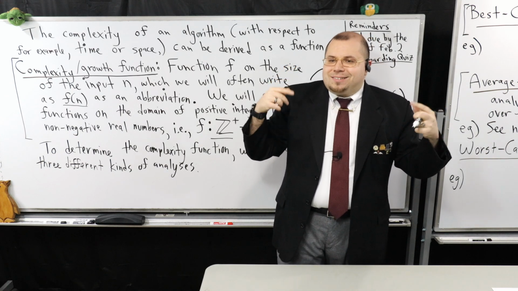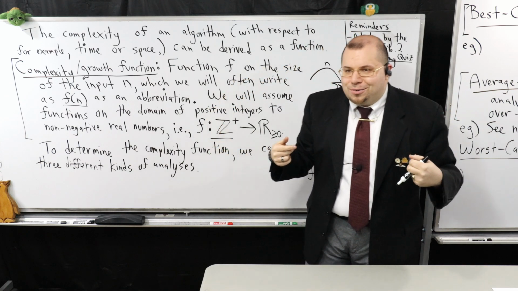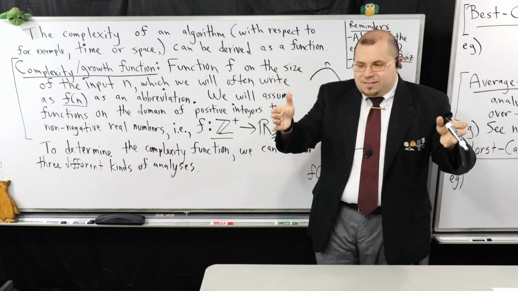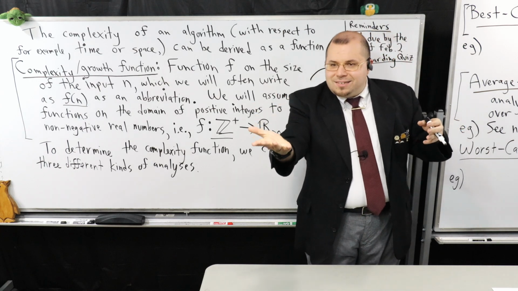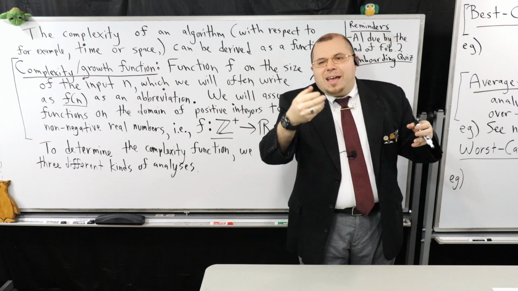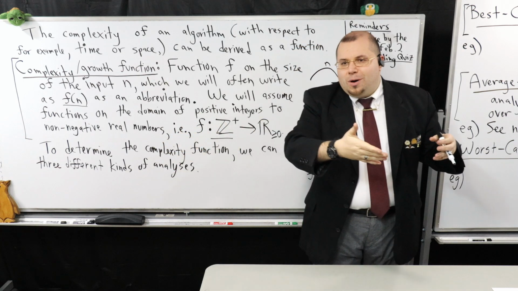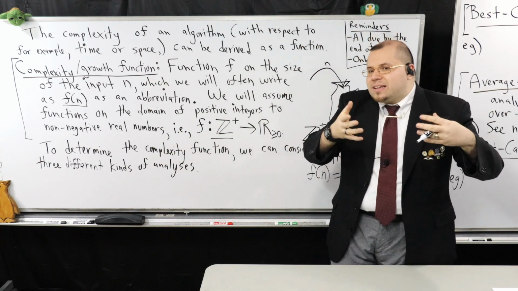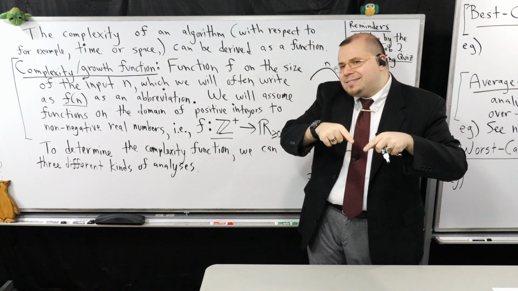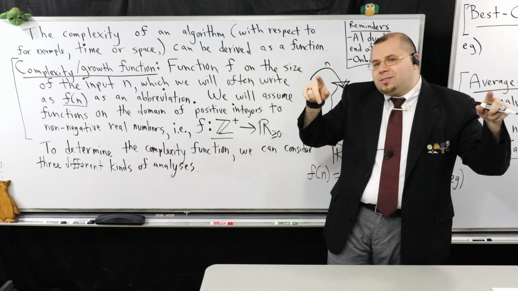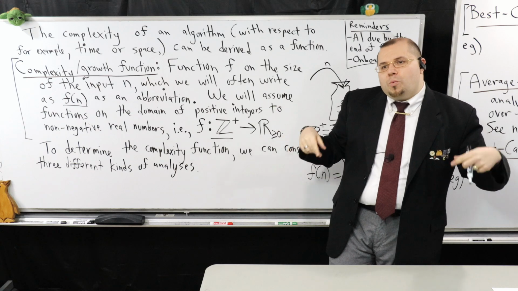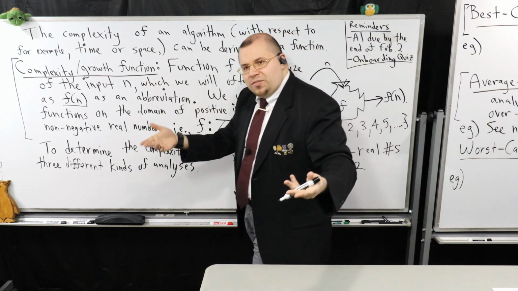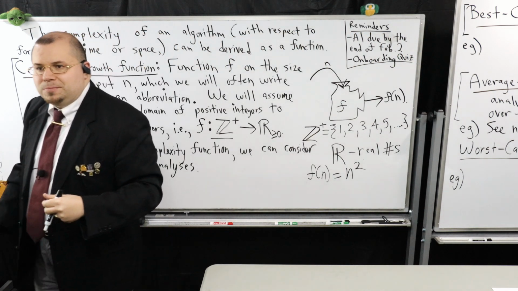If I were to ask how long the algorithm takes, even if the array is of length 5, I can give you one instance of an array of length 5, and it may take a little longer than another one. So I need to have some way of pinning down the instances that cause the algorithm to have certain behavior. Why? Because it makes it easier for us to formulate this complexity function.